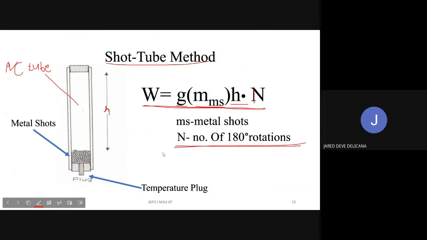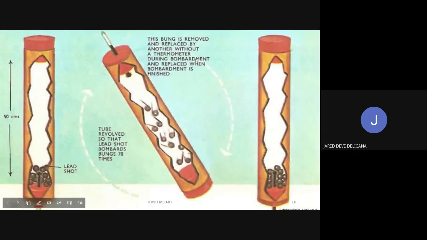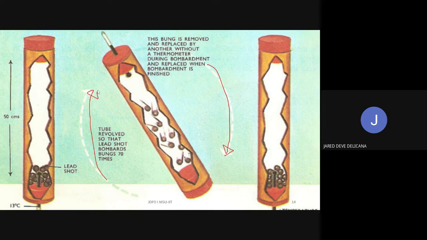And what I mean by 180 rotation is that in your actual experiment, you do a quick 180 inversion, and then back to its original. So you have to do it quickly before the temperature would return to its original state again.